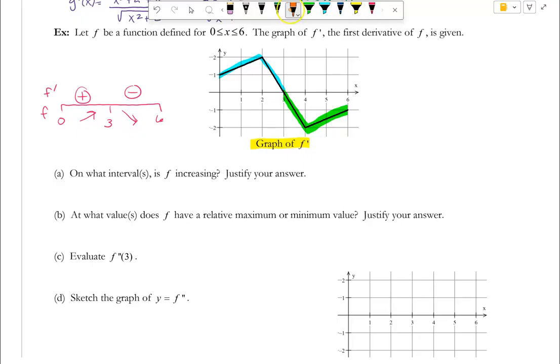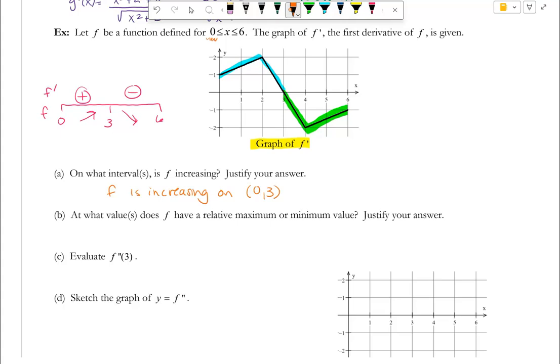So on what intervals is f increasing? I could answer that and say f is increasing on the interval. Now I'm going to write the open interval from 0 to 3, because at 3, f prime is 0, so f is not increasing or decreasing, but also we always use an open interval. Technically, even though f prime is positive at x equals 0, if I don't know what's happening to f, or if the domain of f begins at 0, I wouldn't really say that f is increasing at 0.